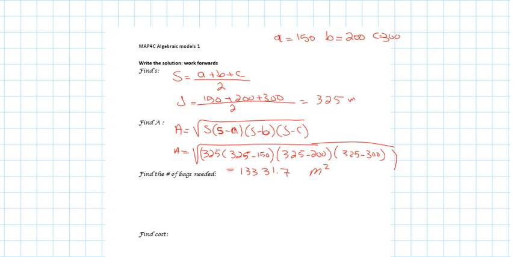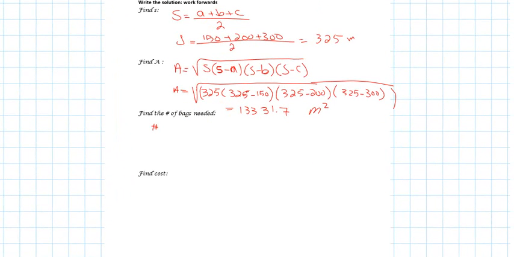So that's going to be 13,331.7 divided by 900. And what do you get for that? 14.8 bags.